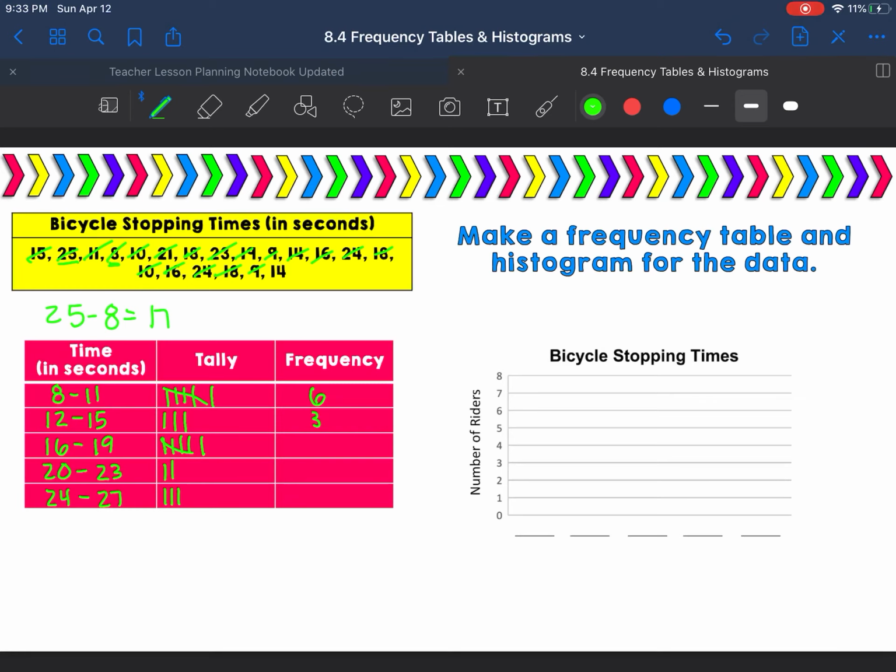Okay, perfect. So now that I have all my tally marks, I'm going to find my frequency. So I have 6, 3, 6, 2, and 3. So now, oh wait, I messed up.